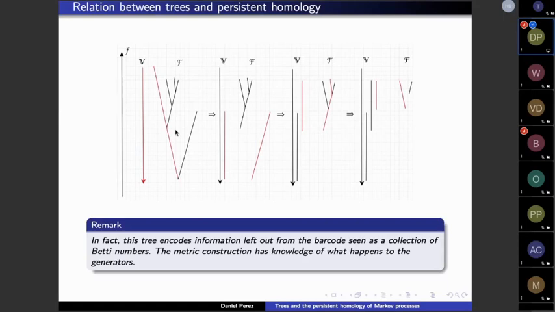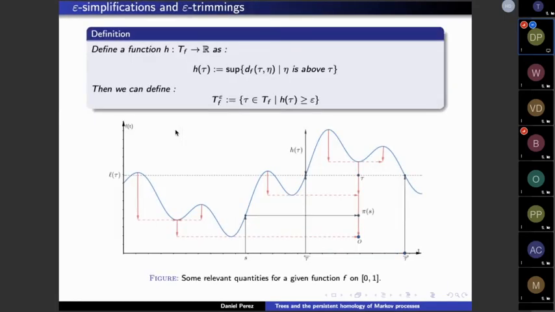So now I'm going to define what I will call an epsilon trimming of the tree, which is essentially giving the tree a little haircut. So the logic goes as follows. We can define this h tau function, which, you can read the definition, but it's easier to see it in a picture.